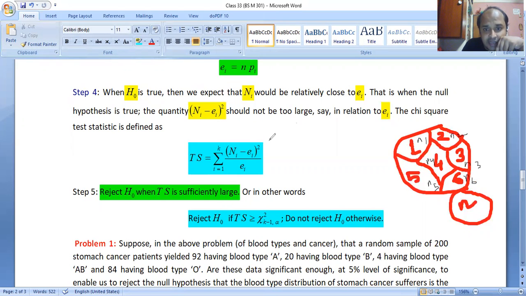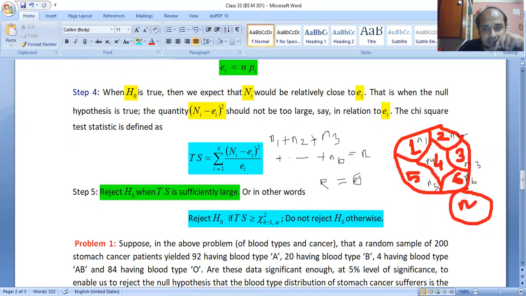So this means that when I add n1 plus n2 plus n3 plus n4, and all these numbers together up to n6, that will be equal to the total sample size, that is small n. And none of these numbers n1, n2, n3, n4 is k. K in this particular case is how much? It is 6.